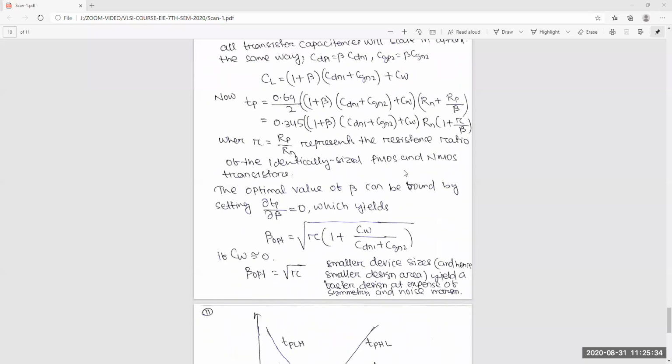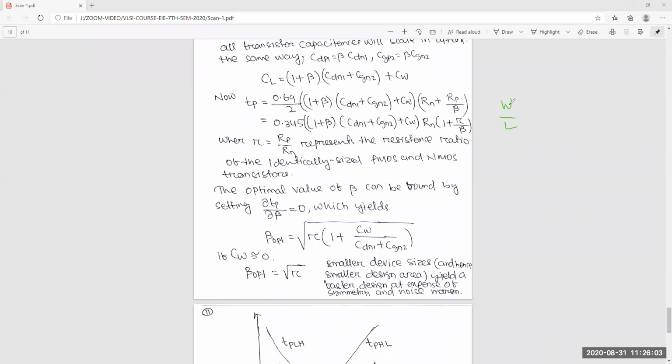Now here two things we can think about. When you increase the W by L value, you are getting better performance.